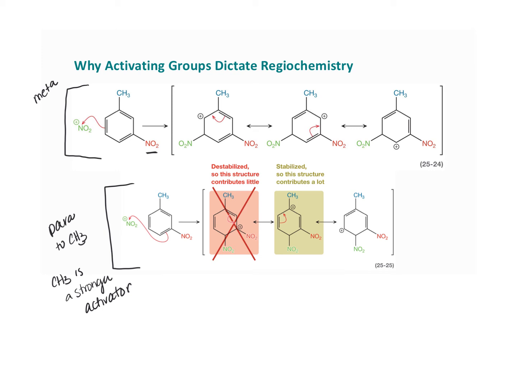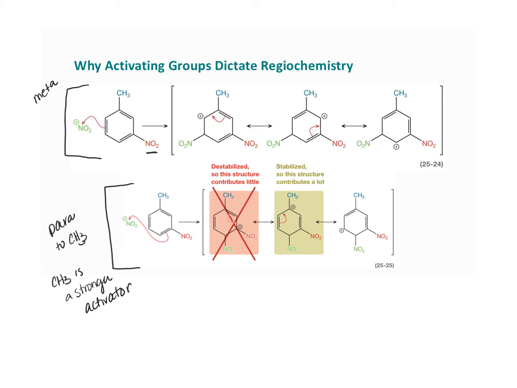So if we look at the electrophile attaching in the meta position to the methyl group, as well as in the meta position to that nitro group, all the resonance contributors here are going to be similar in stabilities, okay? And the positive charge is going to appear on the unsubstituted carbon.